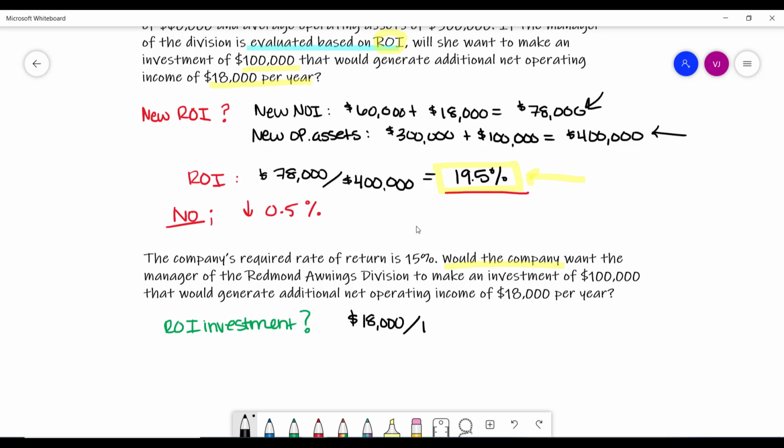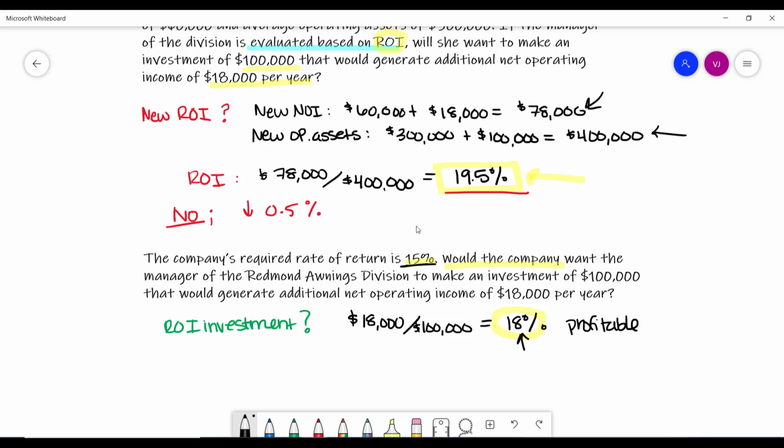Divide that by the $100,000 of average operating assets that we would be investing in. 18,000 divided by 100,000, that's 18%. So the project would be profitable, first of all, and its ROI would be 18%, which is 3% more than the minimum. The company wants investments to generate a return of at least 15%. This project generates a return of 18%.